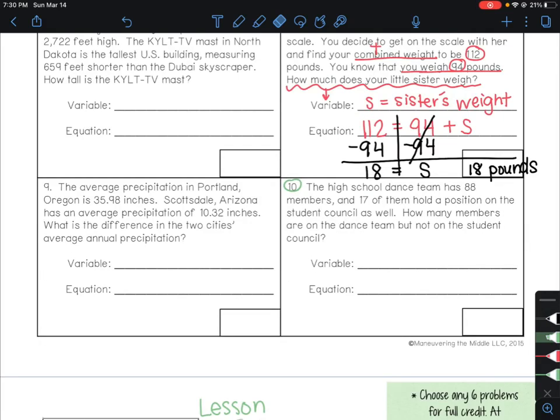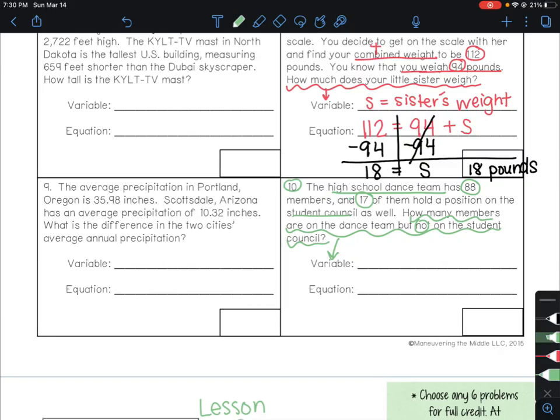Last one. The high school dance team has 88 members, and 17 of them hold a position on student council as well. How many members are on the dance team but not on the student council? Okay, so start with your variable.